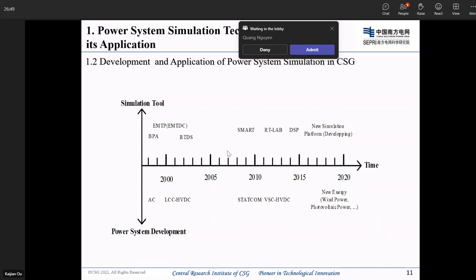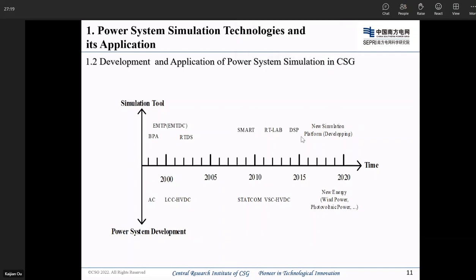So we developed and also introduced RTLab to study the power system, because the power system is bigger and bigger, and also more complicated. In 2015, we developed DSP software by ourselves.